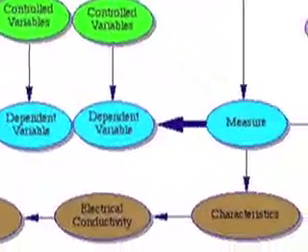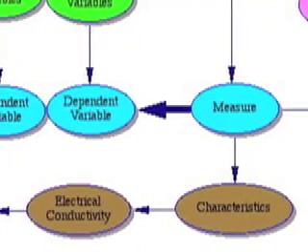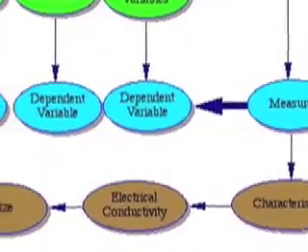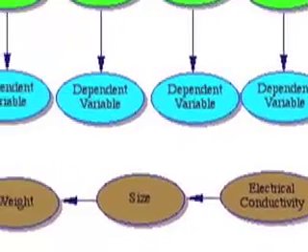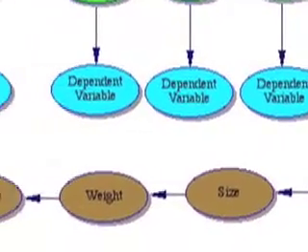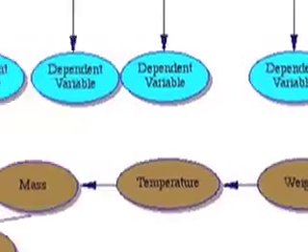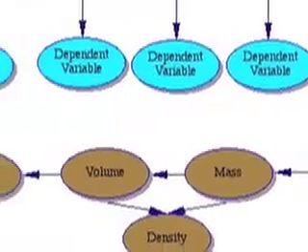There should always be some sort of measurement when you determine your dependent variables' changes. These could be physical characteristics such as electrical conductivity. The size could change, weight, or perhaps temperature. Mass and volume could change, which is density.